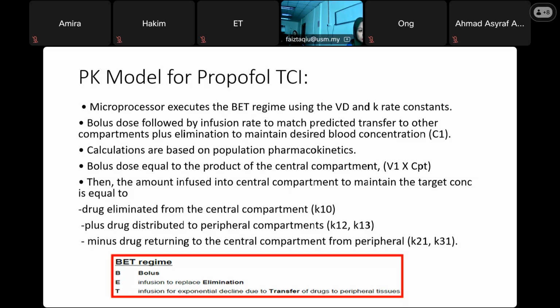And finally, they will also think about how much of the drug will return back to the central compartment, from the vessel-rich group that is K21, right? Return back to the central from the peripheral, or from the vessel-poor group, K31, because it originated from V3.